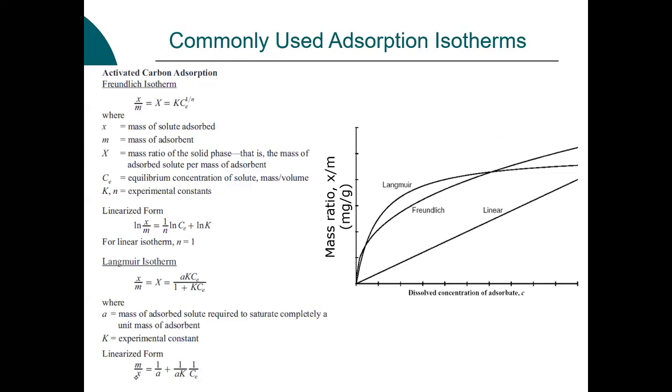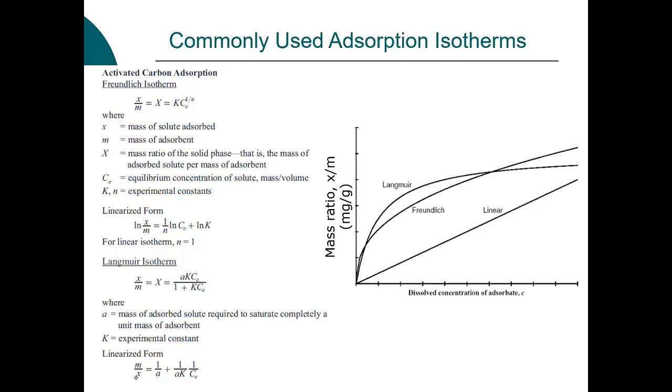We typically model these systems by what are referred to as isotherm models. There are a number of isotherm models. I will only talk about a few of these. There are probably 10 or so different types of isotherm models that you can use.